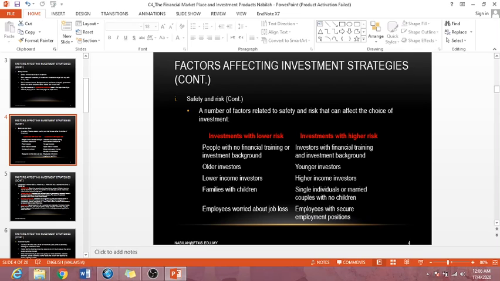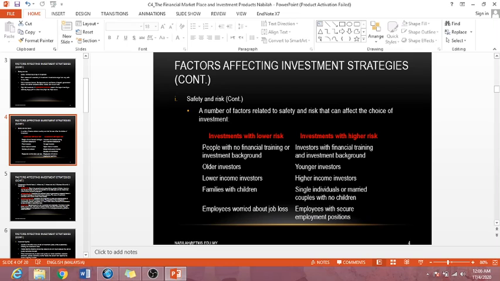Other than that, there are older investors, who have already been involved with investment a long time ago. Because they have probably already been involved with many types of risk, they want lower risk now. They have so much experience, so they just want lower risk.